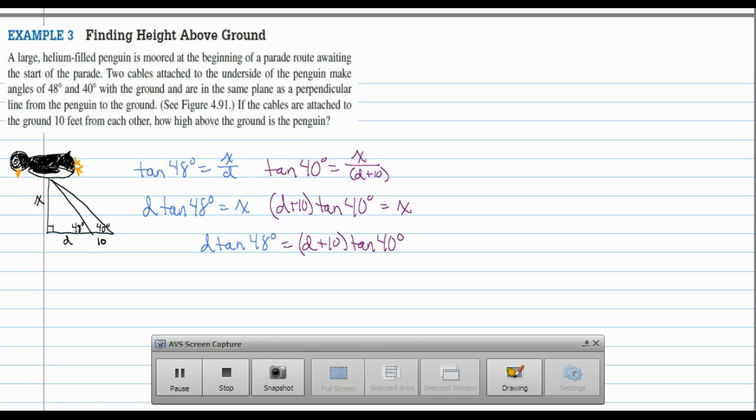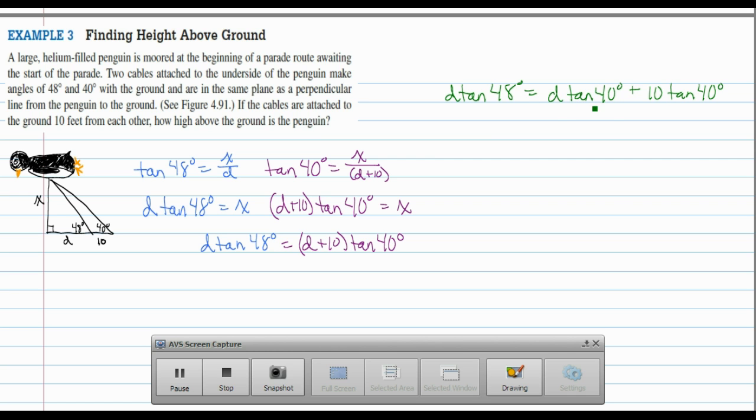Now, this is where things get a little bit more complicated, because now we have to solve for d, but there's a d on each side of the equal sign. So I'm going to start writing over here, actually. I'm going to distribute on the right side of the equation. So I have d times the tangent of 40 degrees plus 10 times the tangent of 40 degrees.